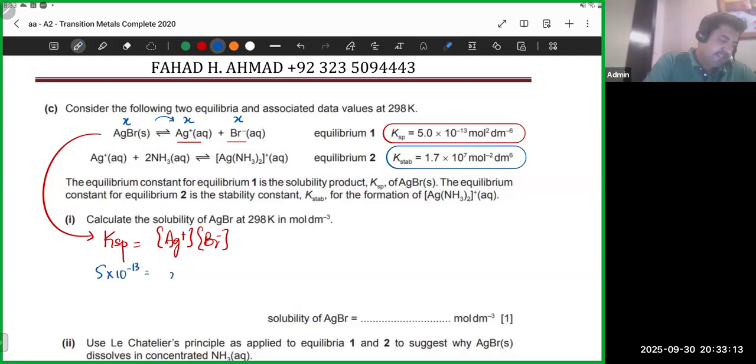The concentration of silver ions is X, and the concentration of Br ions is also X. So what do we get? Well, what is X then? X would be the square root of this. You tell me what the value is for this.